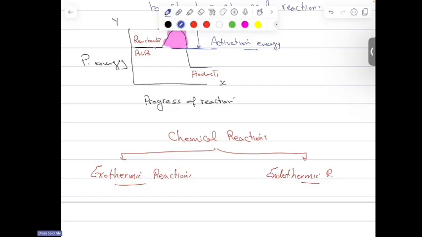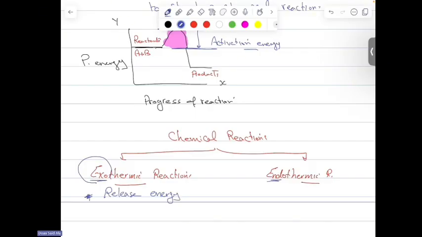Exothermic chemical reactions: exo means exit. So this type of chemical reaction releases energy. So this is the first difference between them. Exothermic, exit, so exothermic chemical reactions release energy.